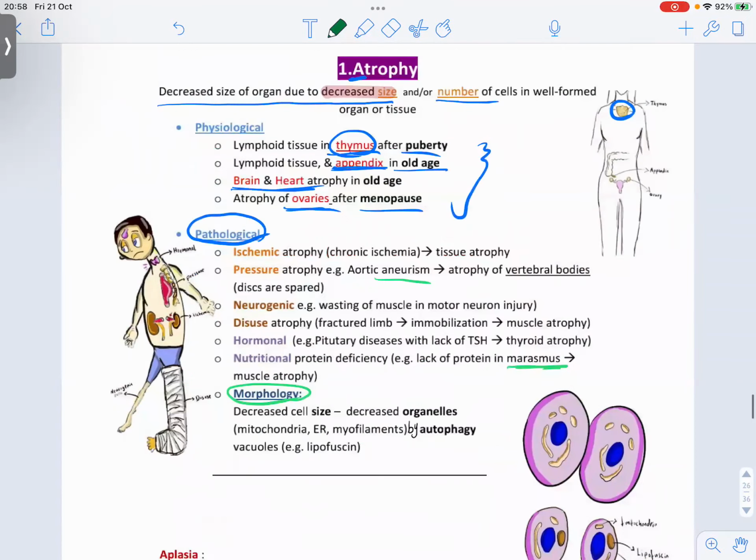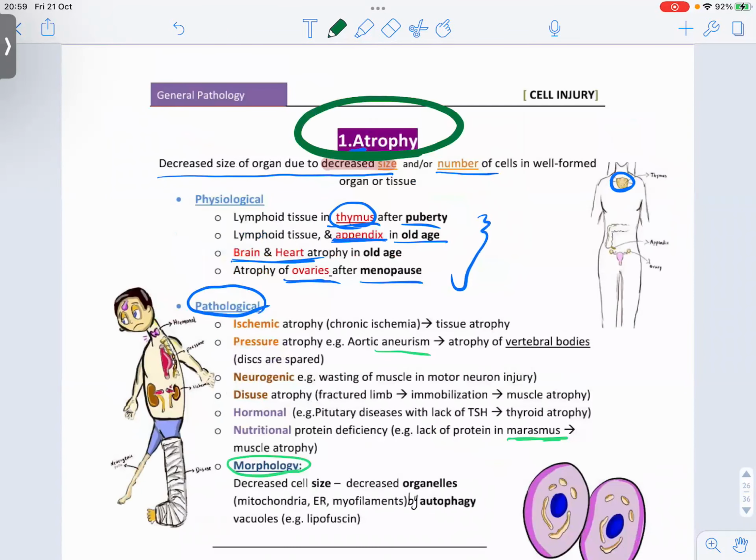So we talked about atrophy, a decrease in size and or number. And also we have physiological and pathological. Physiological: thymus, appendix, ovaries, brain and heart.